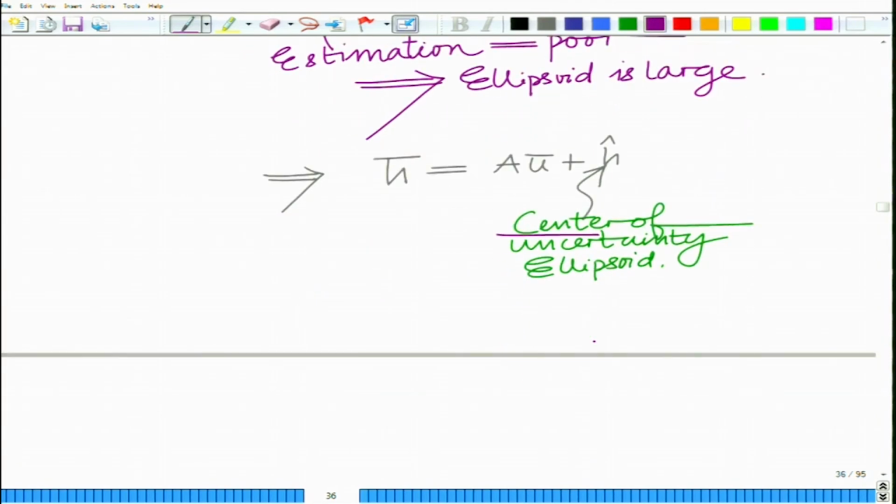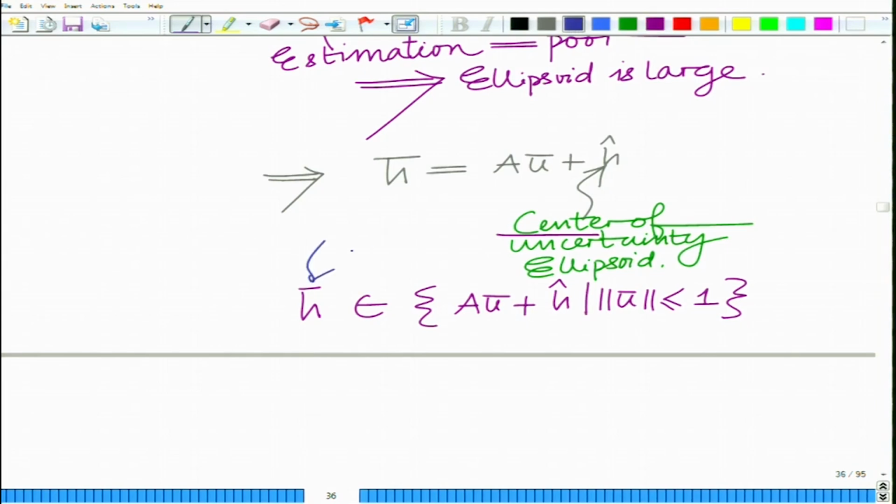And therefore h bar belongs to this uncertainty ellipsoid, which is given as A u bar plus h hat, such that the norm of u bar is less than or equal to 1. For this practical scenario, this is termed as the uncertainty ellipsoid.